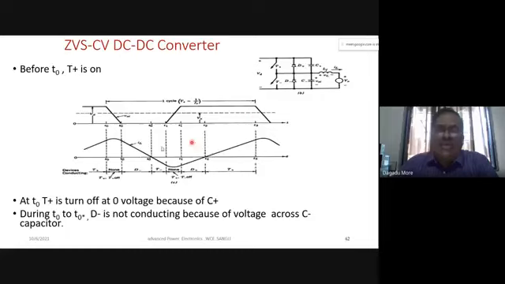Another quantity we represented is IL, the current through the inductor, and we assume that our inductor value is small. So here we have shown that the current may go to a negative value.